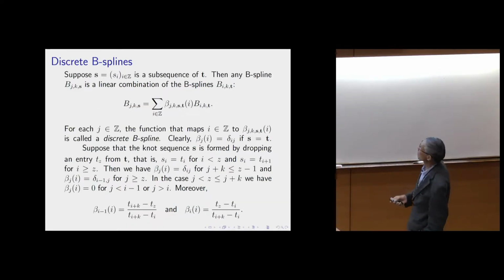Next, let's discuss discrete B-splines. When I was a student of Carl de Boor in 1980, in the summer he suggested this problem to me to study discrete B-splines. And here we present an outline of univariate B-splines.